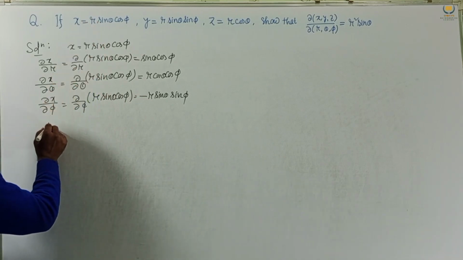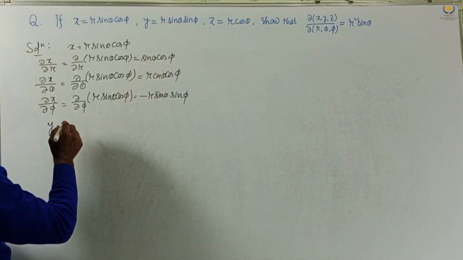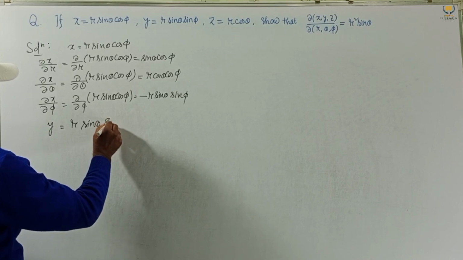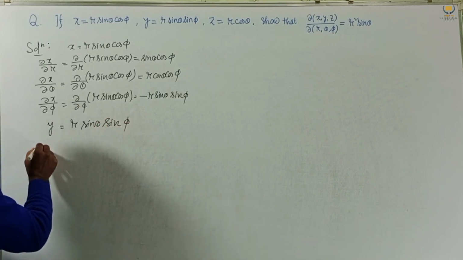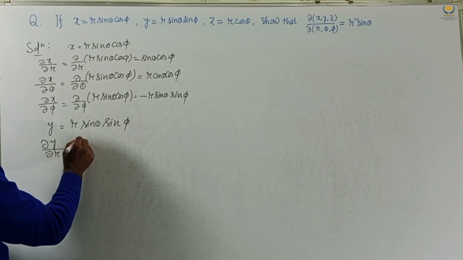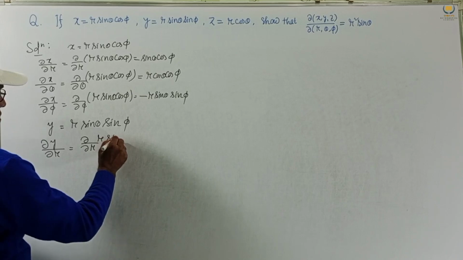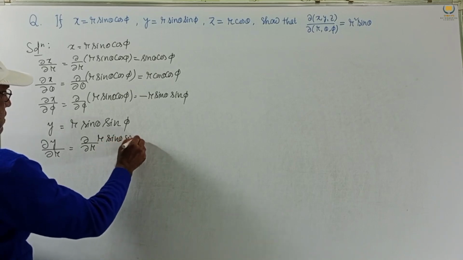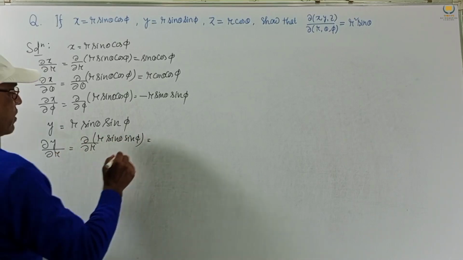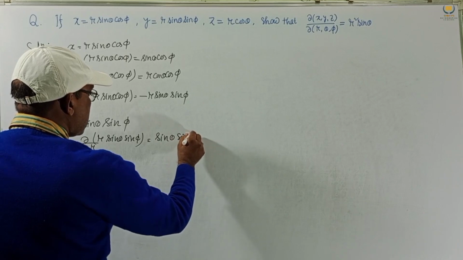Next y we consider, y equals r sin theta sin phi. Del y by del r: del r of r sin theta sin phi, del r is 1, we get sin theta sin phi.